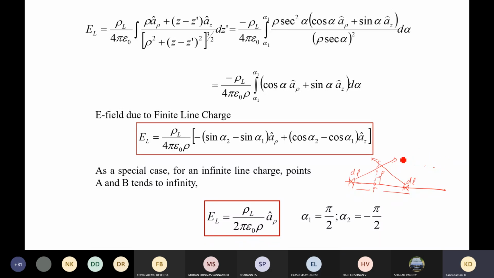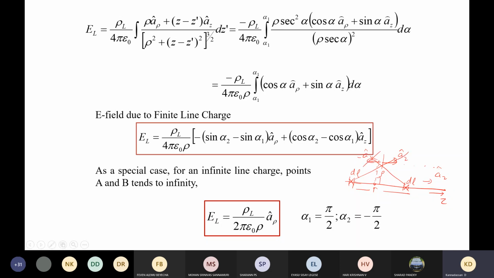So this AZ component, this is actually the Z direction. Along this there are two components, one along this az vector and another along minus az vector, so they cancel each other.